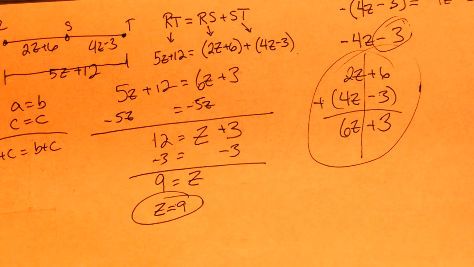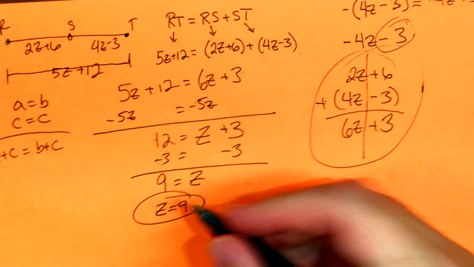Yes, sir? No, we have to put the C into the RT as RS. No, all it did, it asked to solve for the variable. So all it did, it just wanted to know what Z was equal to.